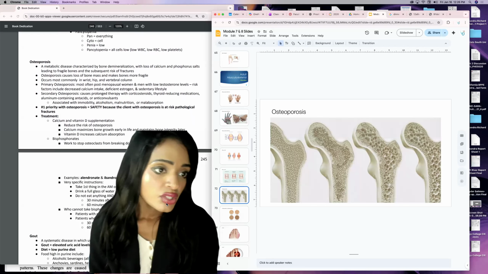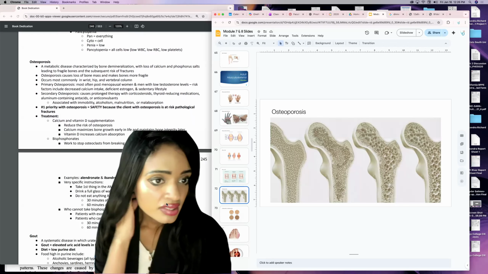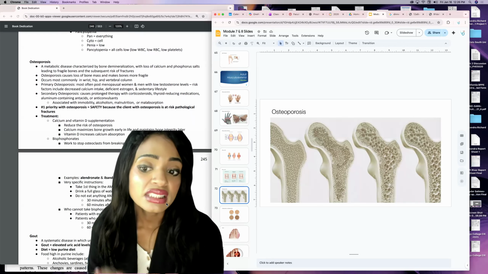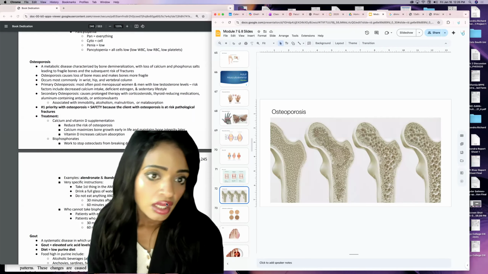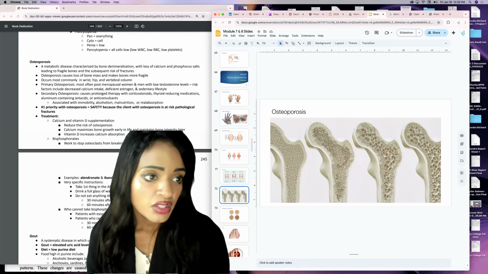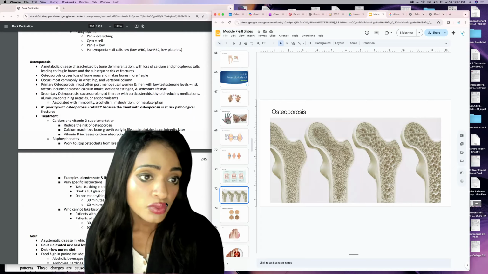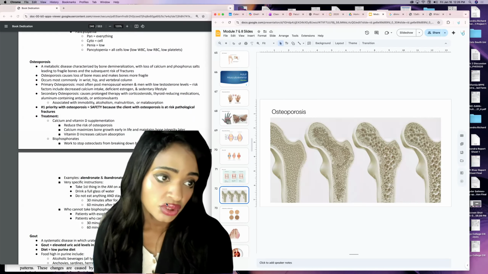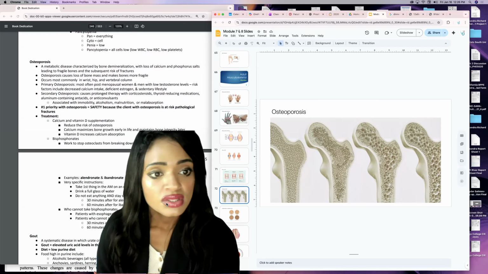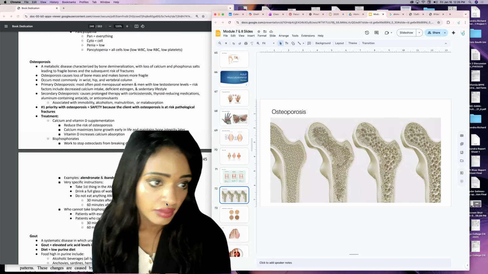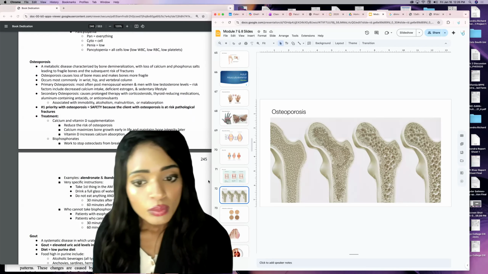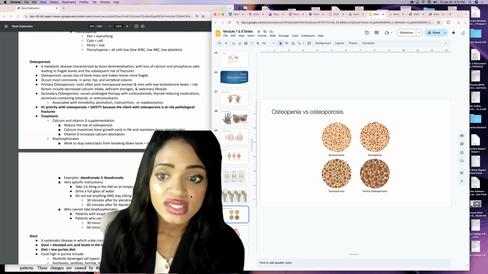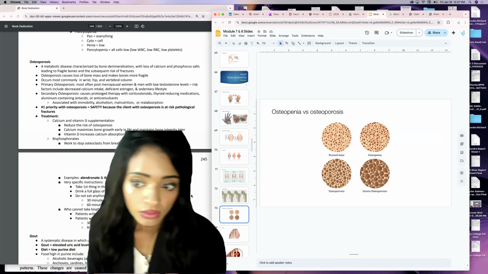Osteoporosis. Osteoporosis is a metabolic disease characterized by bone demineralization with a loss of calcium and phosphorus, leading to fragile bones and risk for fractures. Osteoporosis causes a loss of bone mass. So your number one priority with osteoporosis is safety, okay?